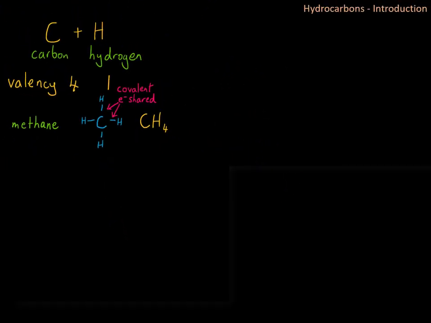If we look at the next one, we could say, okay, let's have now 2 carbon atoms, and they would have hydrogen atoms attached, which gives us a formula of C2H6.